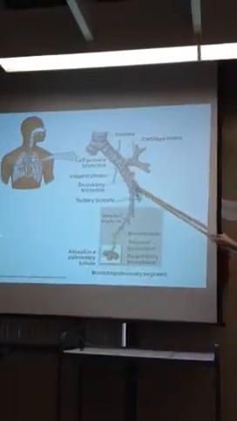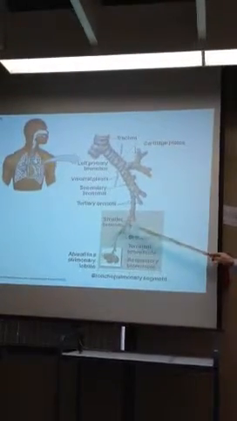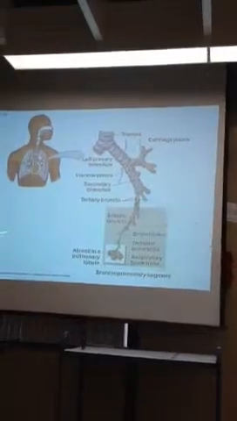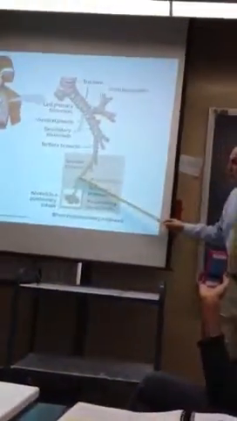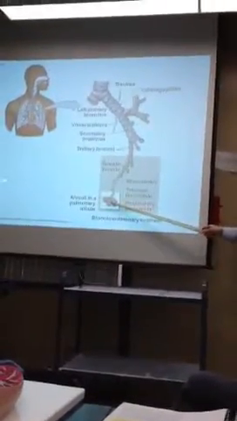See the blue cartilage as we get down? The cartilage ends, or should end, on the smaller bronchi. And then after the smaller bronchi, it's just smooth muscle. The bronchioles should be all smooth muscle.